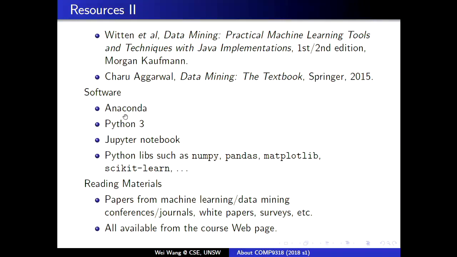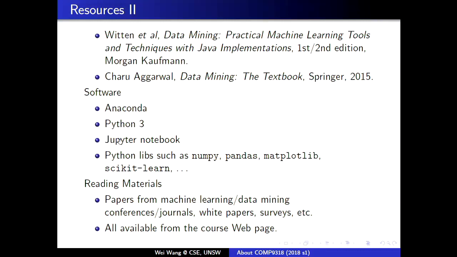It runs under all the major operating systems. We are using Python 3. Python 2 and Python 3 have slightly different syntax, and many of the programs are not compatible. We really should not write any code in Python 2. It's really hindering the evolution of the whole language, right?